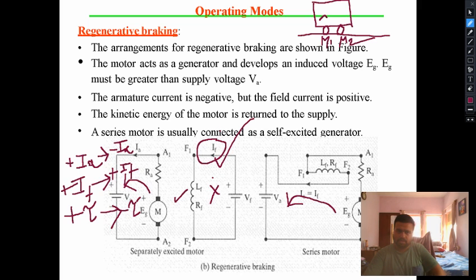So in both the cases the torque is in this particular direction. Let us say that the torques are the same, tau and tau. And what is the motion? This is the direction of the motion. What is the direction of the speed or rotation? It is in this particular direction.